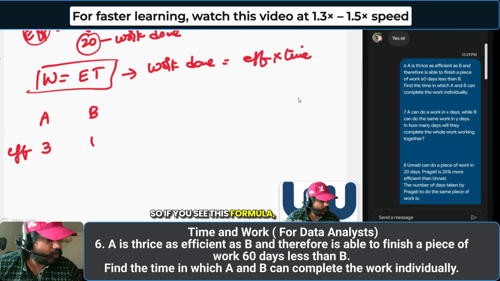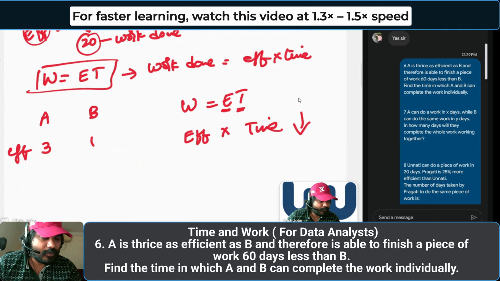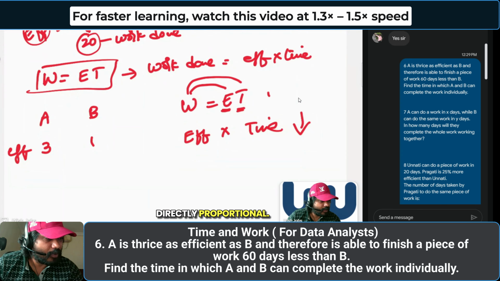So if you see this formula, W equals ET, you know efficiency and time are inversely proportional, whereas work and efficiency and work and time are directly proportional.